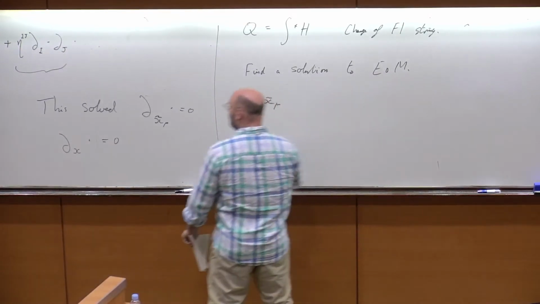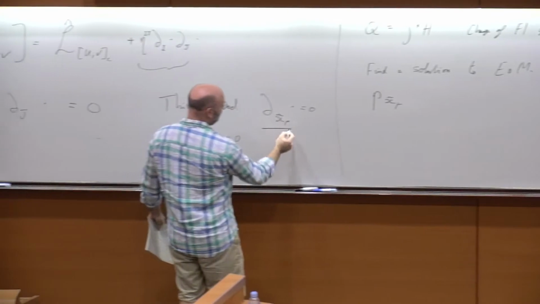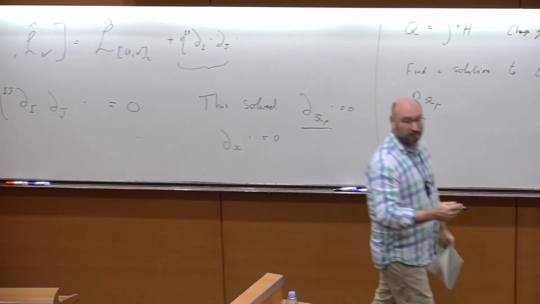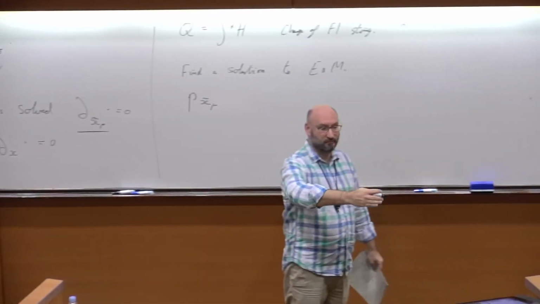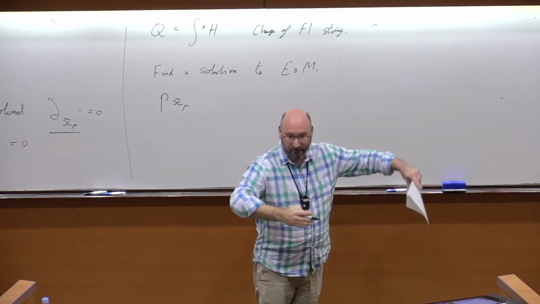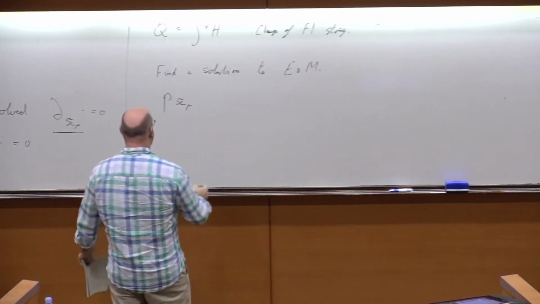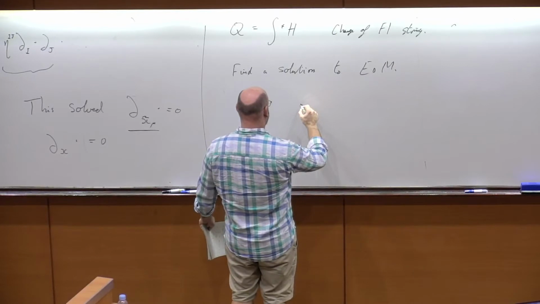And still have dx tilde equals 0. This would be like a plane wave, where the plane front would be along the x tilde direction. Okay, and null.